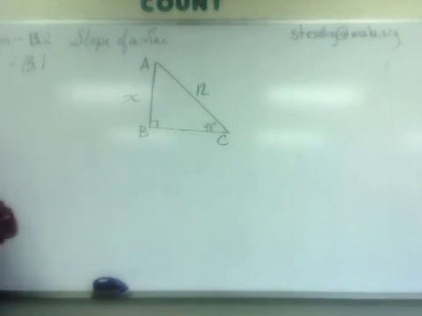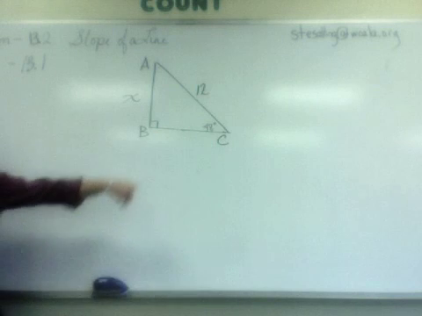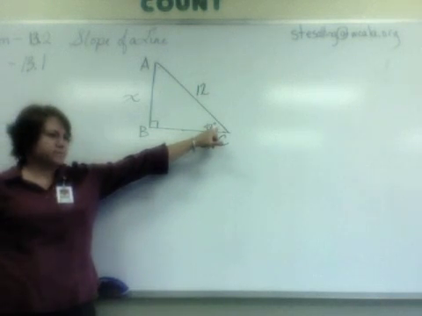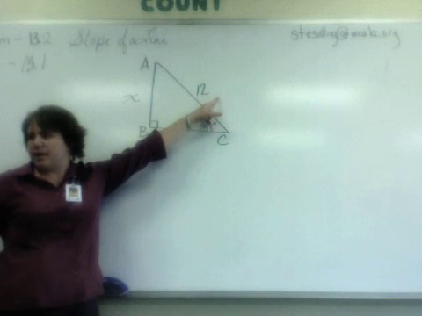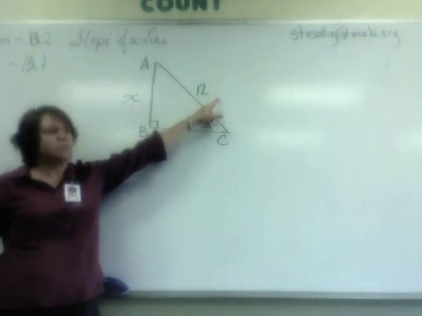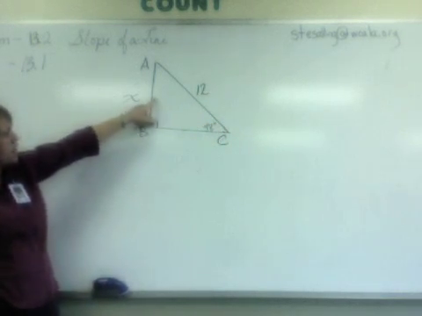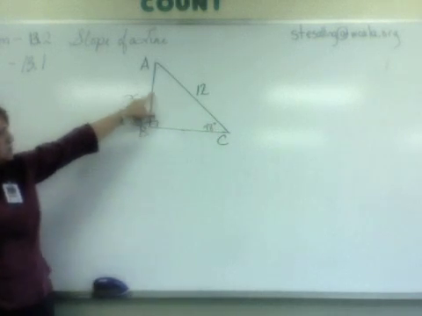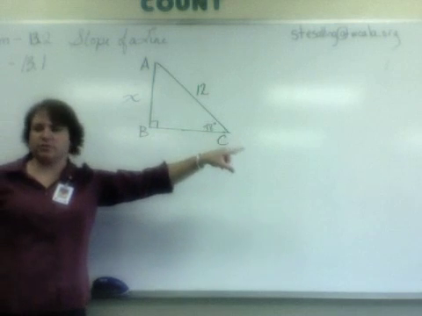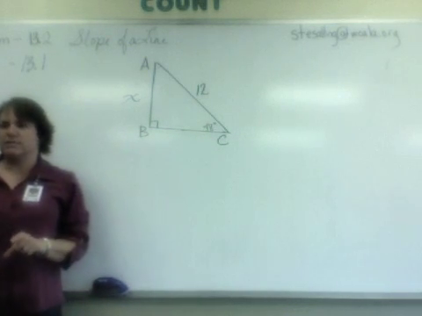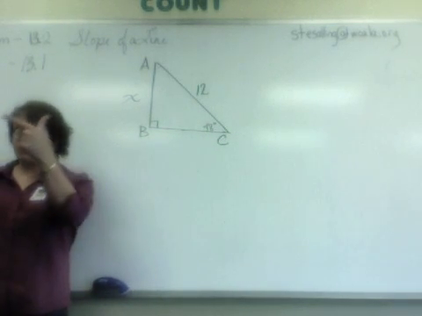Now let's figure out which one to use. In reference to this angle, I have information pertaining to the hypotenuse, and I'm looking for what leg in reference to this angle? The opposite leg. So think about your trig functions. Which trig function deals with opposite and hypotenuse?